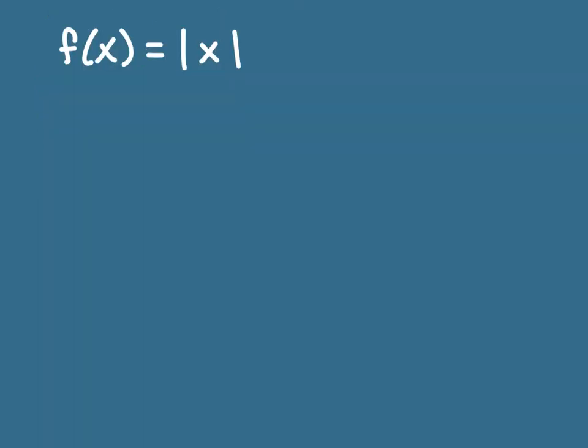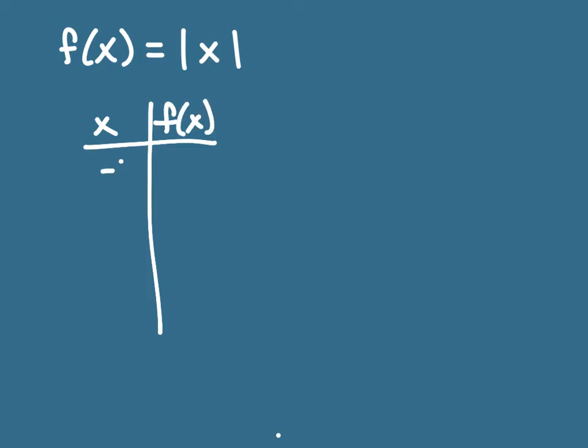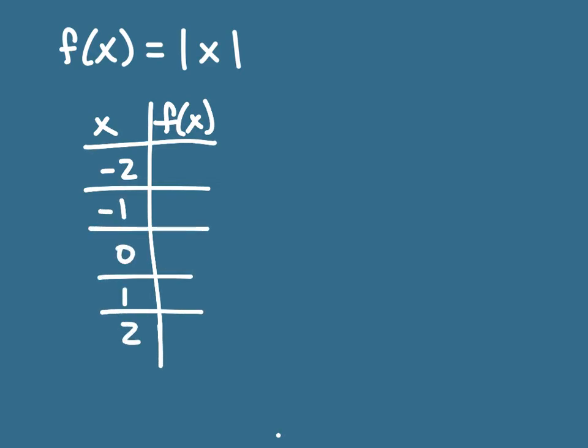Okay, the next function is the absolute value function. Again, I'm going to do the same thing. We're just going to make a table here. Choose our values for x: -2, -1, 0, 1, and then 2. So -2, if I plug that into my function, f of -2 means I'm taking the absolute value of -2.